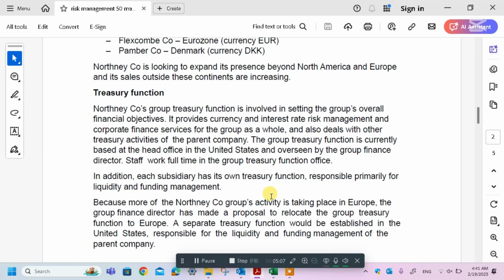The group treasury function is currently based at the head office in the United States and overseen by the group finance director. Staff work full-time in the group treasury function office. In addition, each subsidiary has its own treasury function responsible primarily for liquidity and funding management.